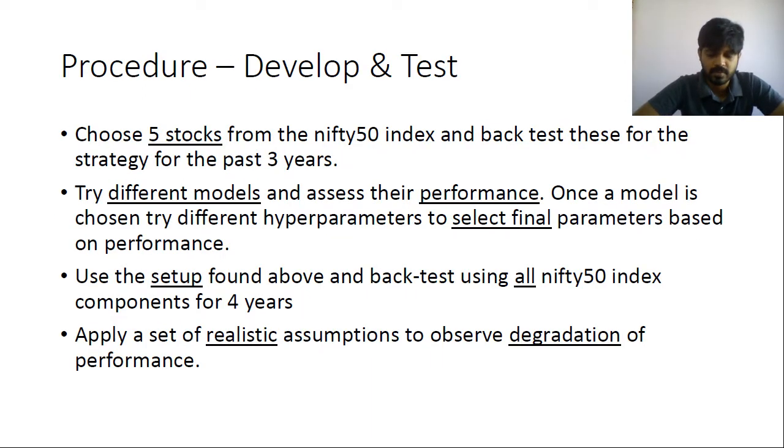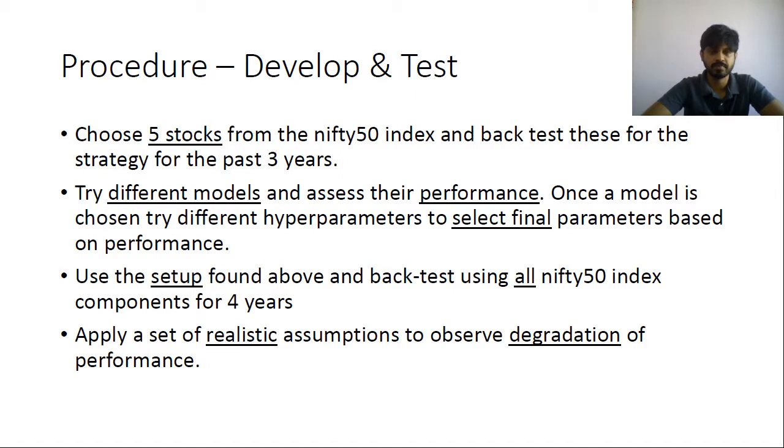So the strategy development is going to be split into two parts. The first part is the development of the strategy, and the second part is the testing, where we do a final backtest. For development, we are going to use only 5 stocks from the Nifty 50 index. This was done for two reasons.